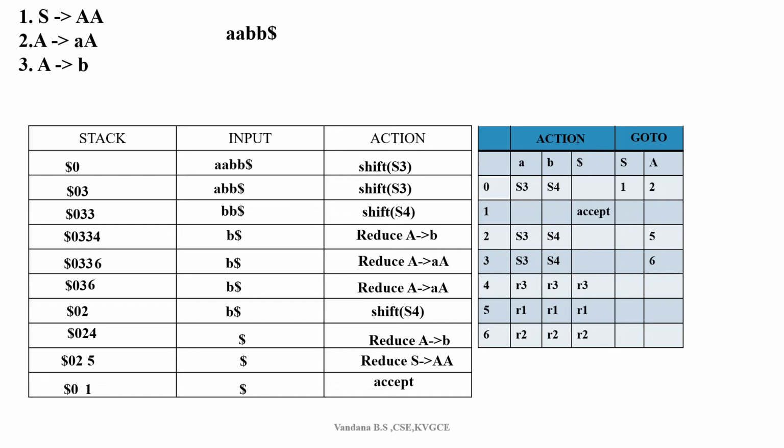What we have to do is, initially, fill the stack with the start state, that is 0. Initially the parser has 0 on its stack, where 0 is the initial state, and w dollar is in the input buffer.